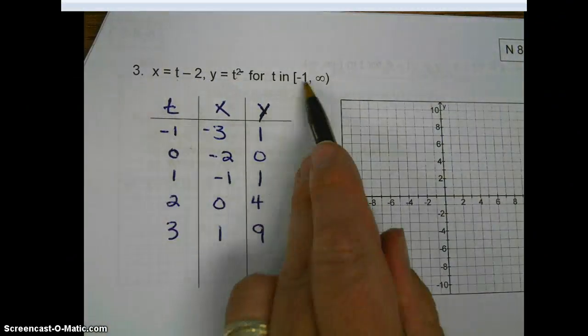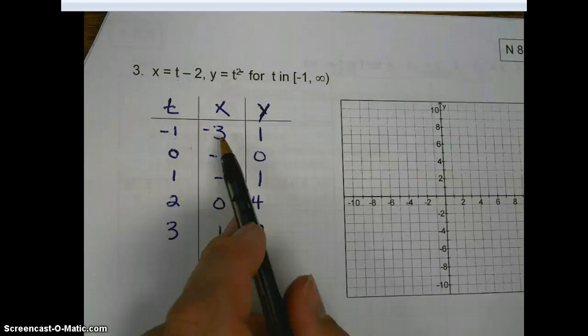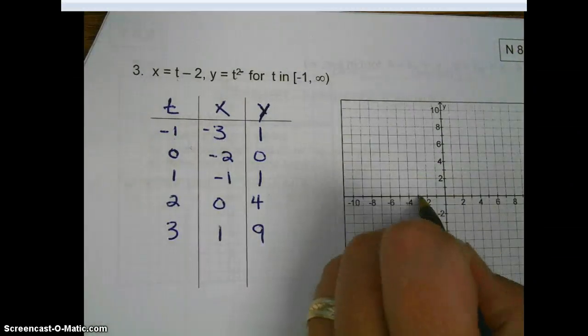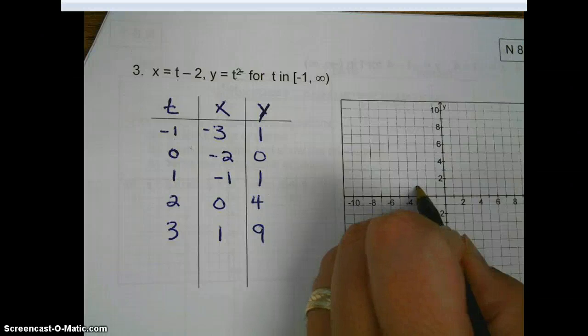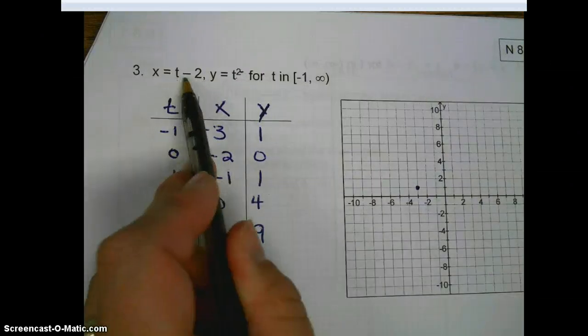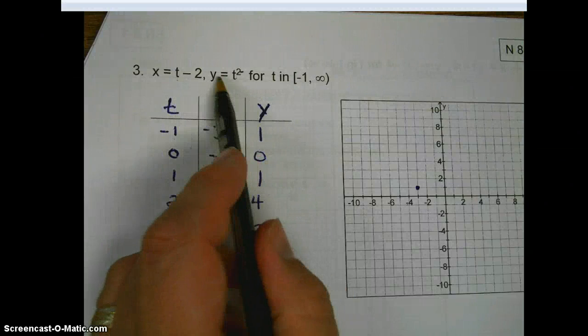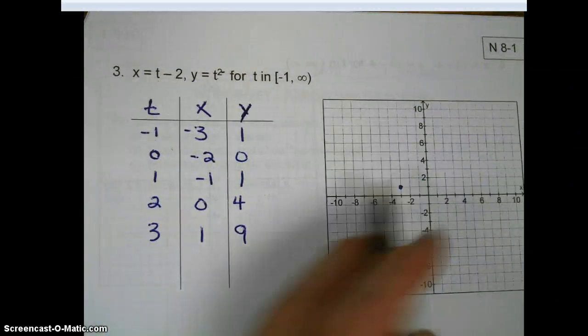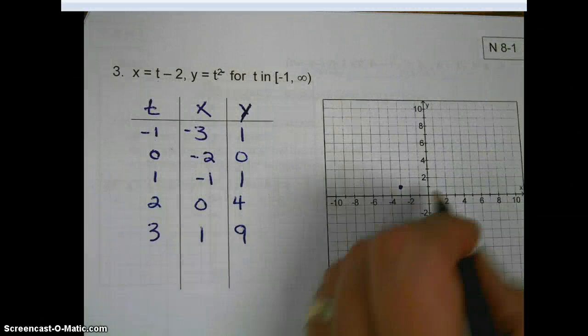But we do have a starting point. So let's plot this point. So we have -3, 1. Okay. Notice that our horizontal is linear and our vertical is quadratic. So I wonder what type of graph this is going to make. -2, 0.